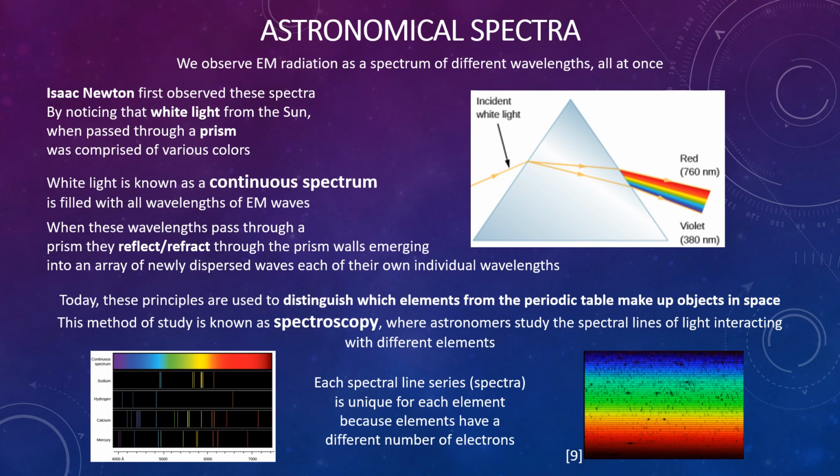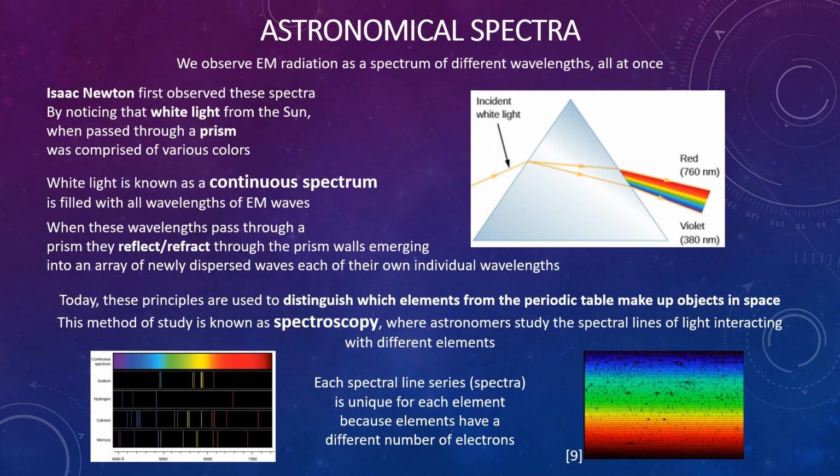When we look at radiated light without filters, we are looking at a spectrum of different wavelengths. So we're receiving all of the wavelengths at once. Isaac Newton first observed this spectrum when he used a prism to pass white light from the sun, and he noticed that there were various colors coming through.